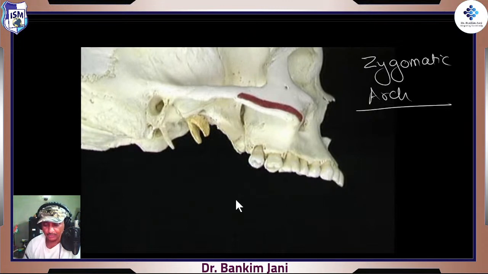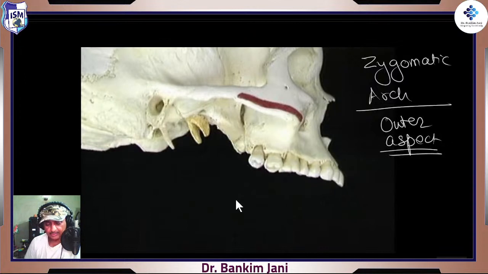So here we are watching it from the outer part, right? Outer aspect. So in the outer aspect, there are so many other things to be taken care of, so only the anterior two-third of the zygomatic arch is taken, right? So anterior two-third.